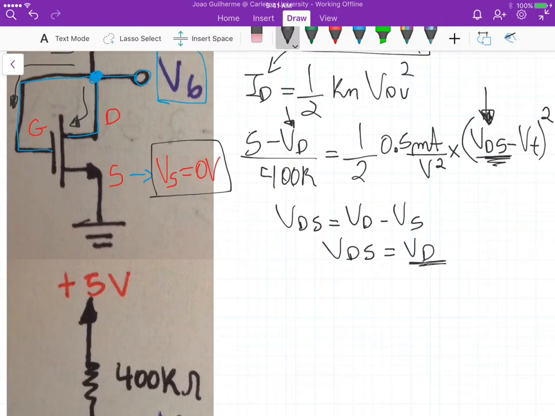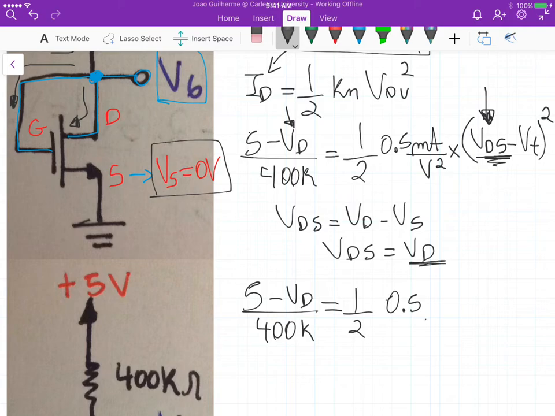So if we rearrange this equation, we then get that (5 minus VD) divided by 400k equals 1 over 2 times 0.5, which is also half milliamperes per square volts, times (VD minus VT) squared.